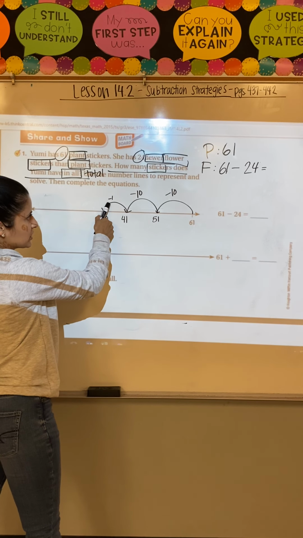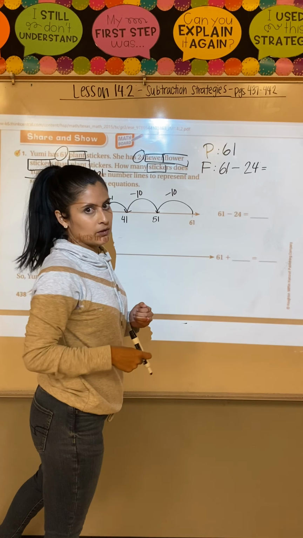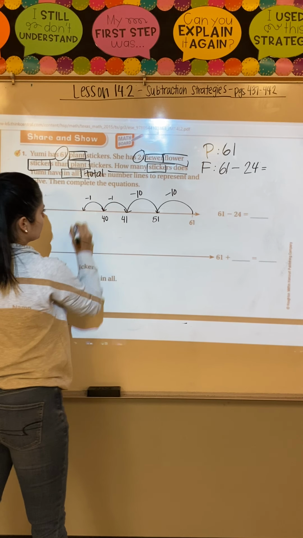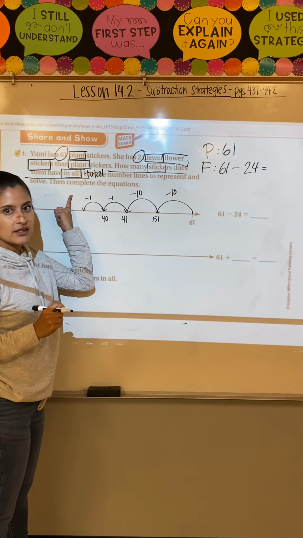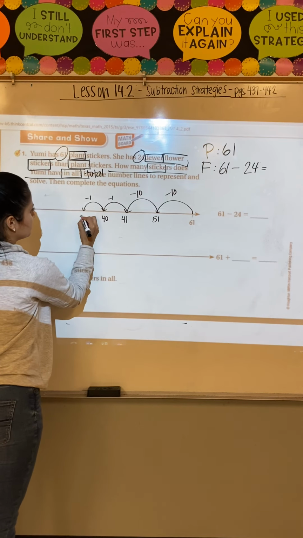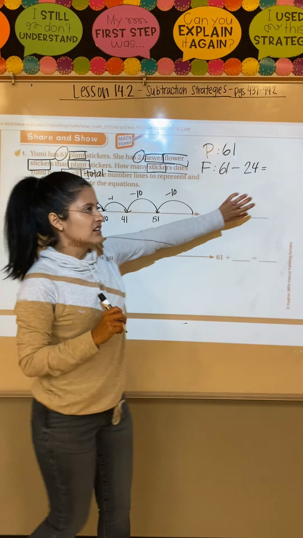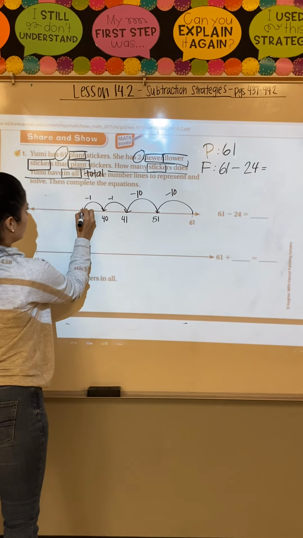So far we've subtracted 21. We need to go to 24, so let's keep going. I'm going to subtract another one. 40 minus 1 is 39. 10, 20, 21, 22. Not there yet. Let's keep going.